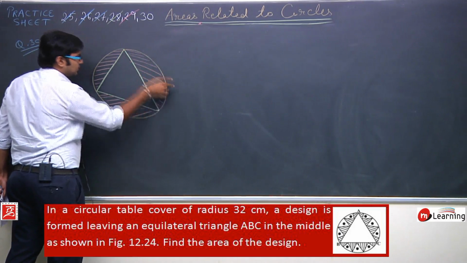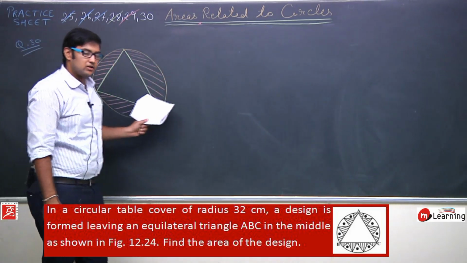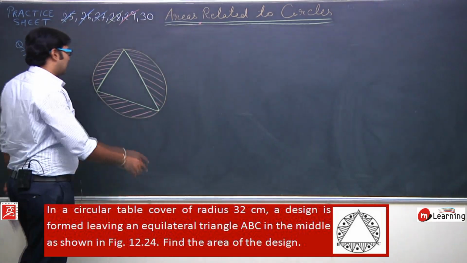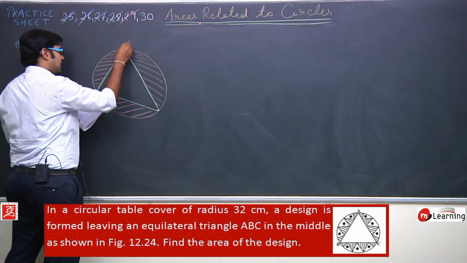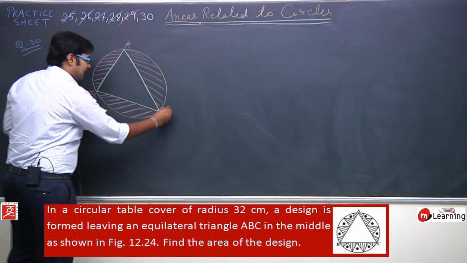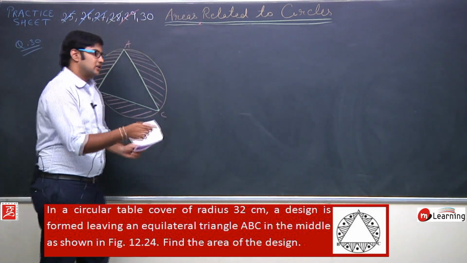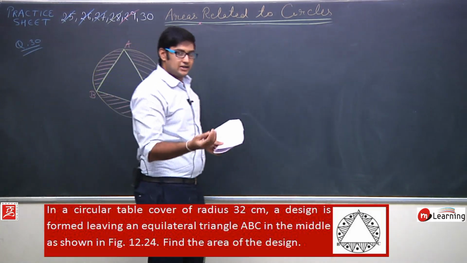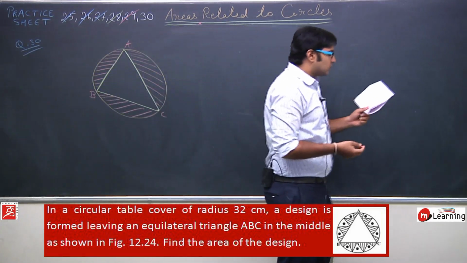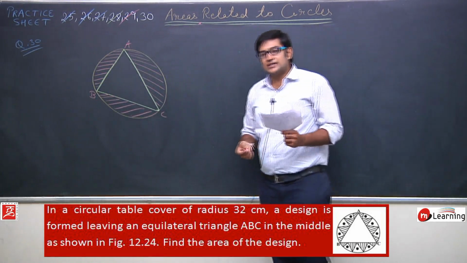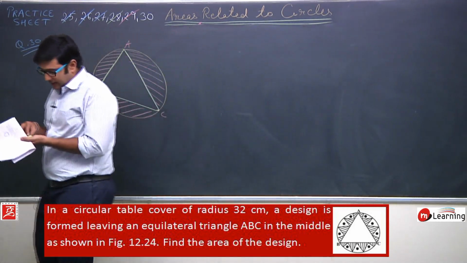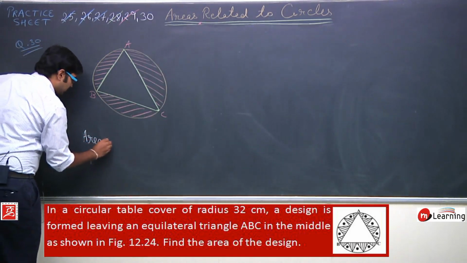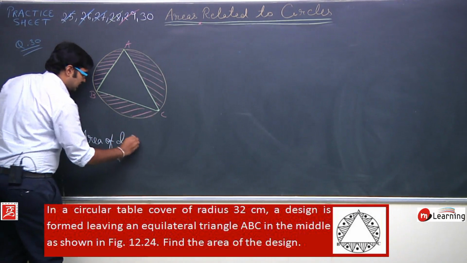This is the complete round table mat or round table cover we can say, and this is the triangle ABC. Leaving this much portion, the rest of the circular table cover is designed in some way. I need to calculate the area of the design.